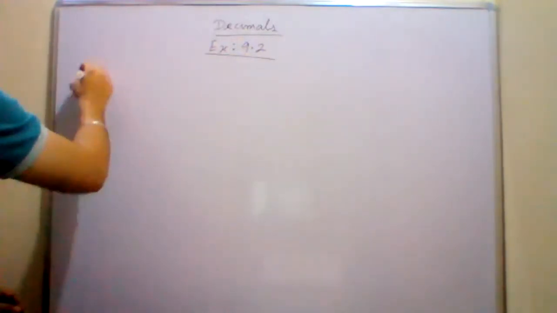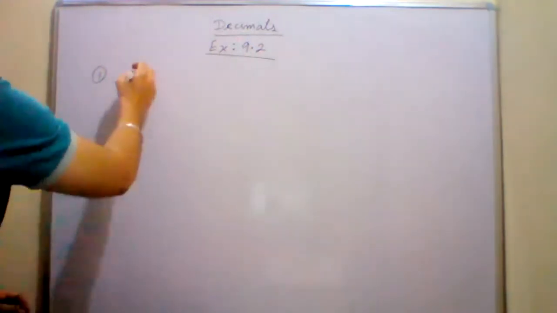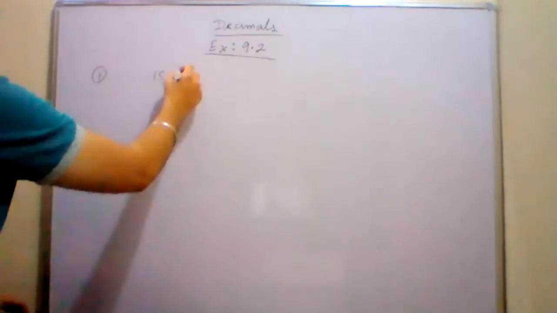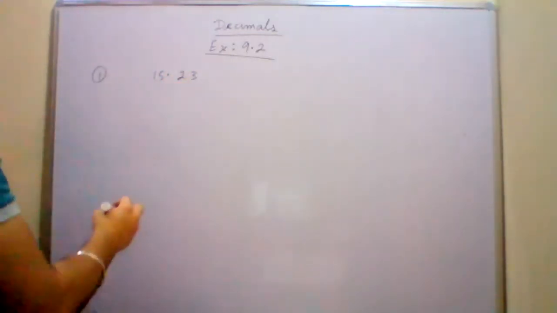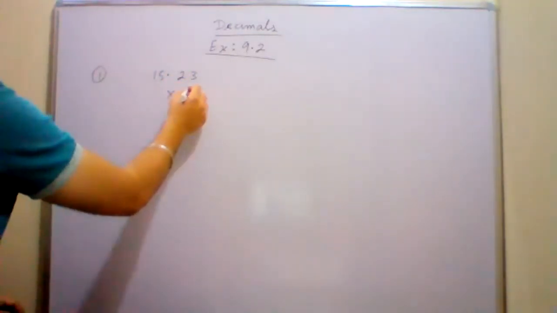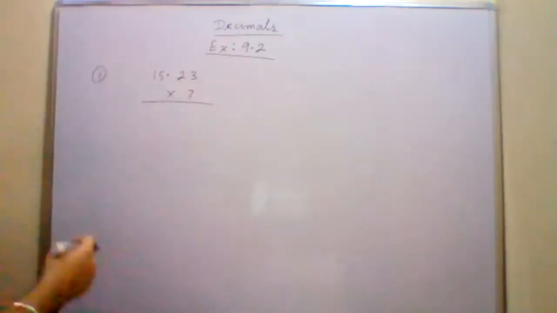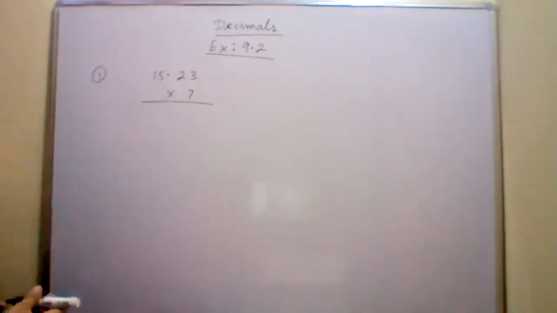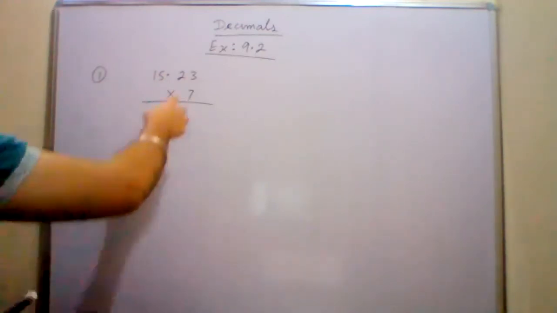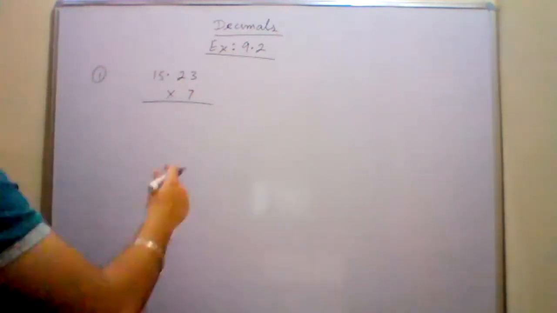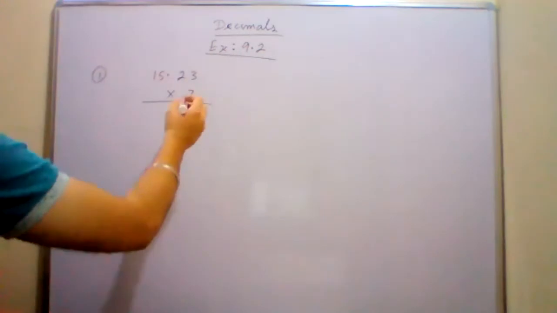First question, it is very easy. 15.23 multiplied by 7. You all know simple multiplication. Simply multiply the two numbers, and in the end there is a little change that I will tell you. In the end you have to do just one thing.